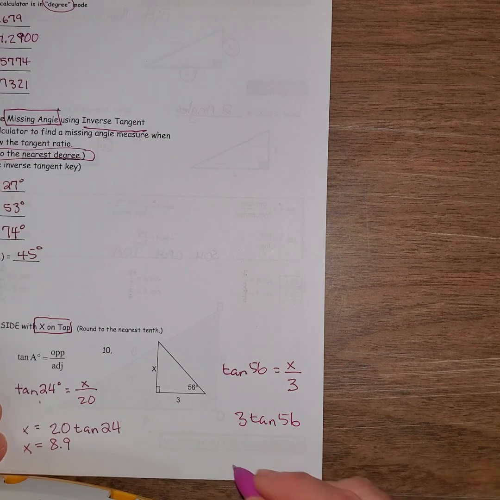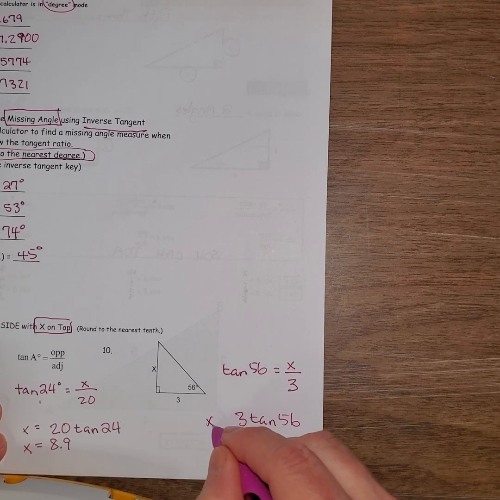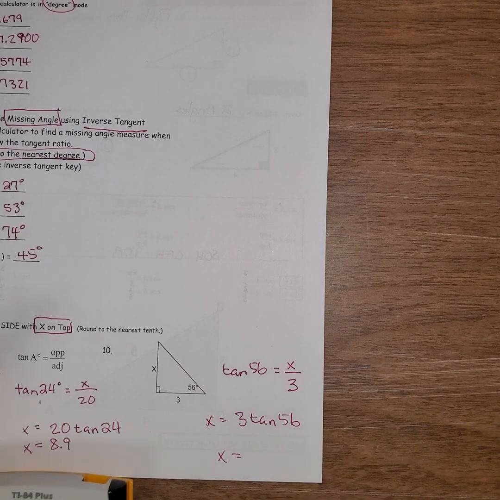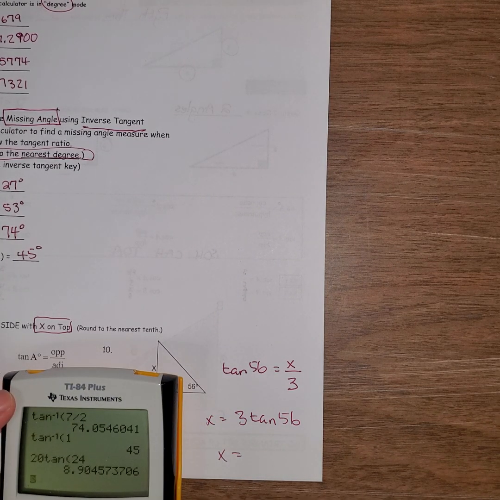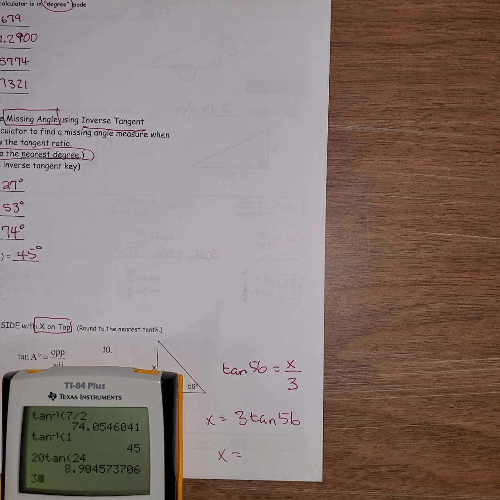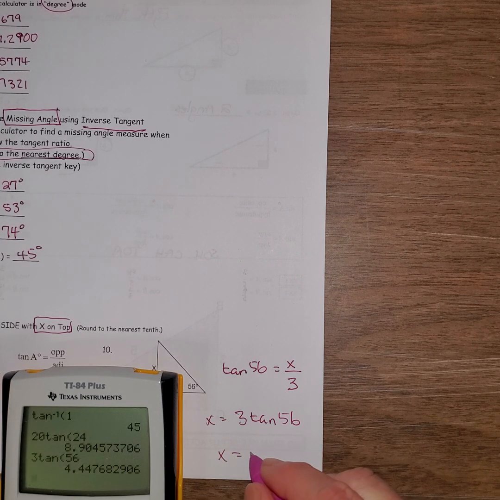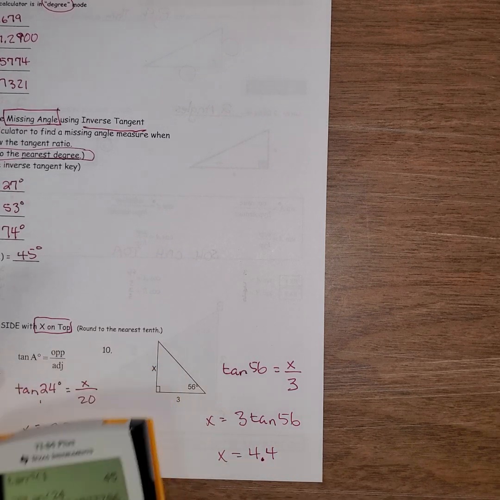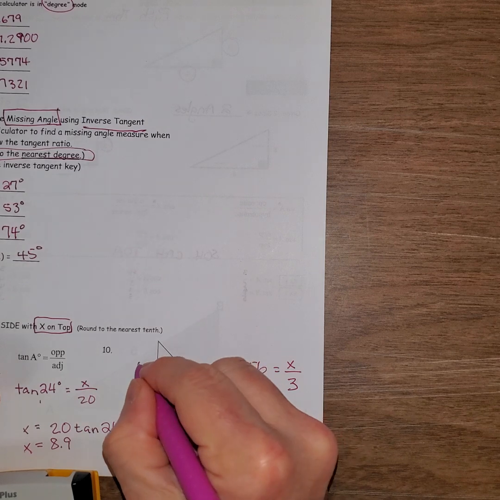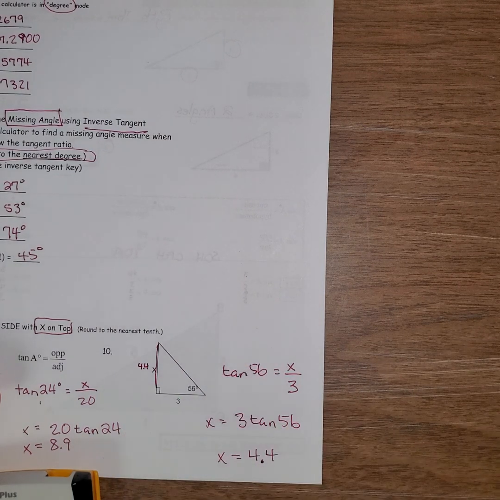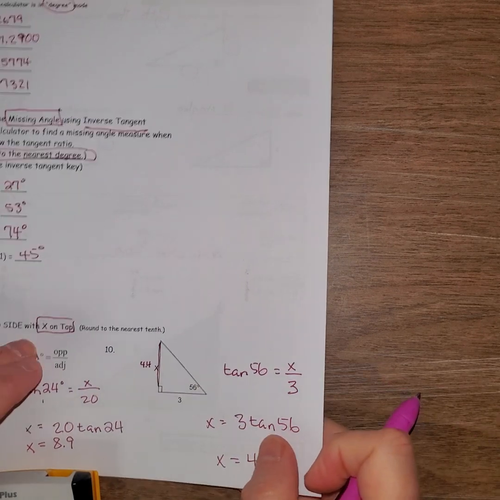You punch it into the calculator, and x is whatever that is, okay? So we go 3 tan 56, hit enter, and you get 4.4. Whenever I'm finding sides, I do tenths. Okay, so this side was 4.4 long from here to here. Okay, easy enough. X on top, you multiply.